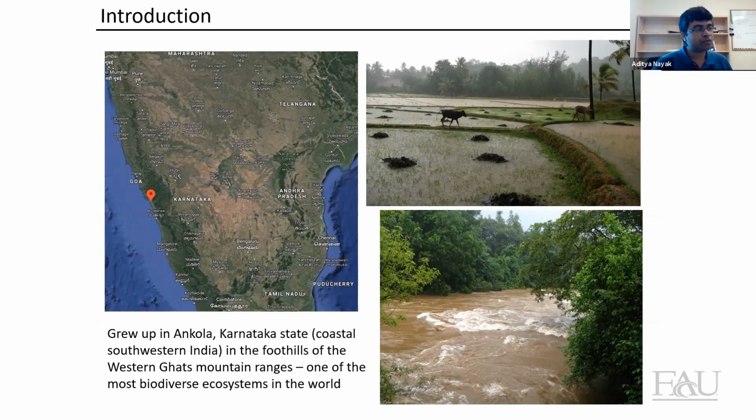For people who are not familiar with it, the Western Ghats mountain range is one of the top biodiverse hotspots in the world. So it's a really nice place to grow up in. And there are some pictures there of how the monsoon is in my hometown. This is how it is typically during June, July.